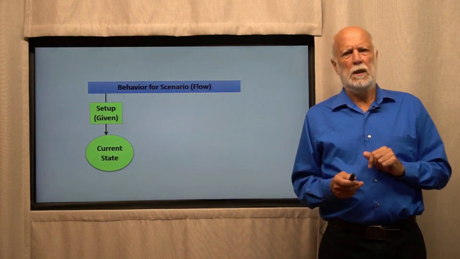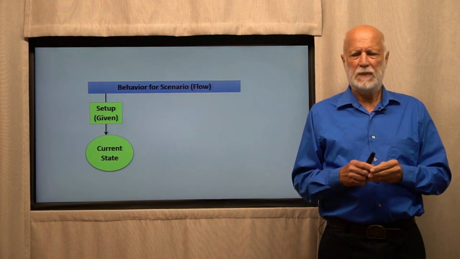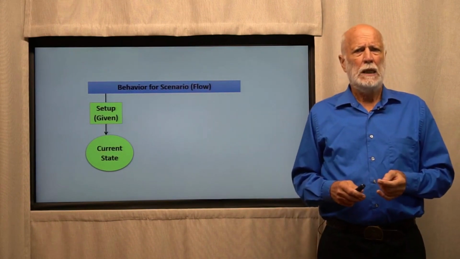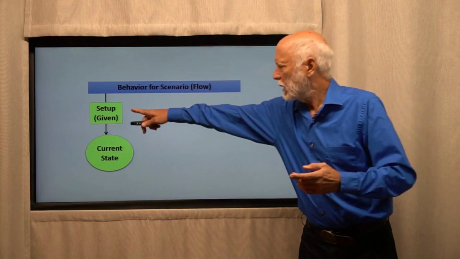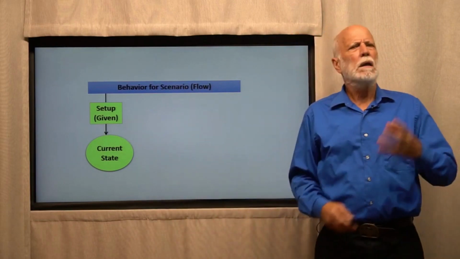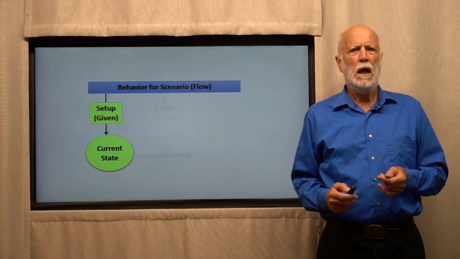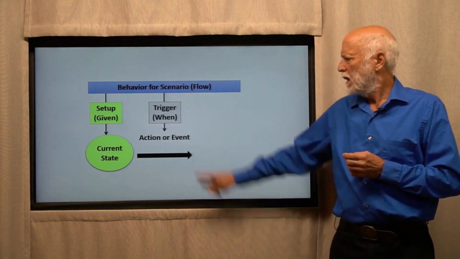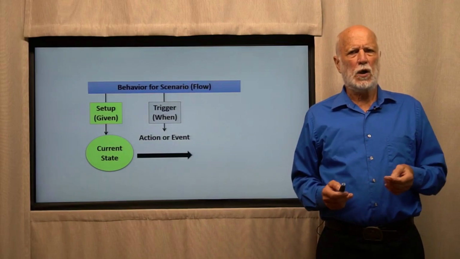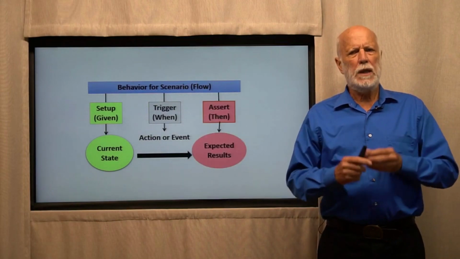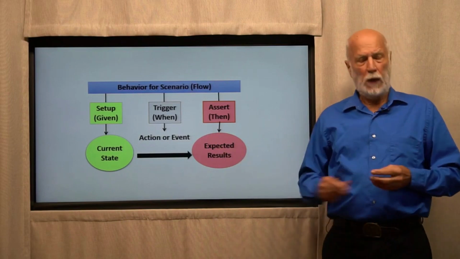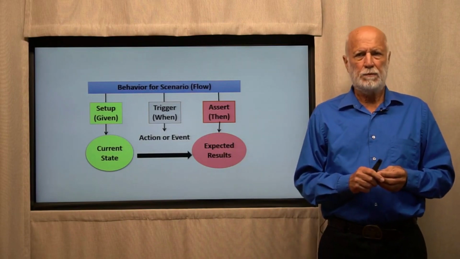So let's look at how these things happen. We have a behavior for a scenario. That is, we have some setup or given of a current state, and we have a trigger, which is often the when, some action or event that occurs, and then we assert that this is what we expect the result should be.